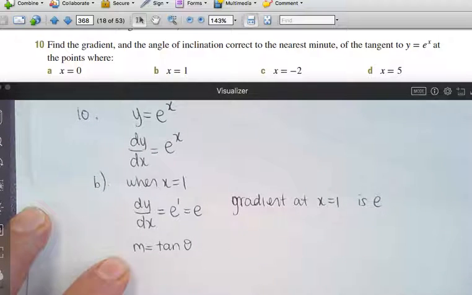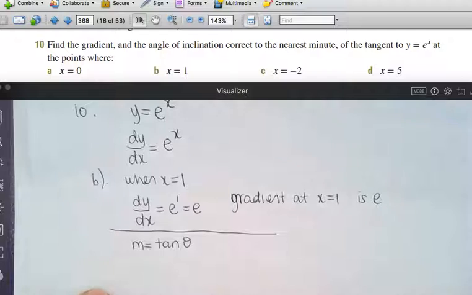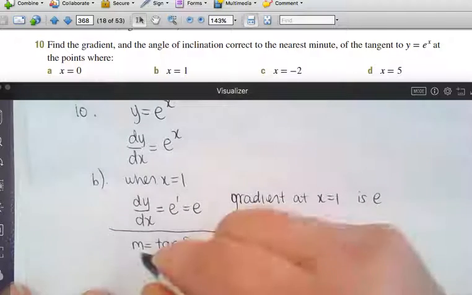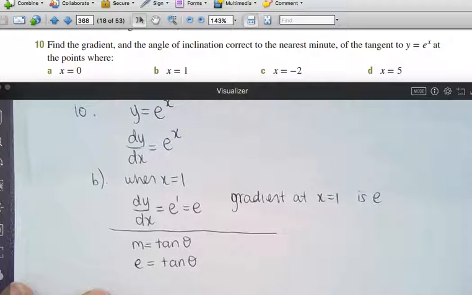Remember, e is just a number. It's almost 3. So for the angle of inclination, we use m is tan theta, where m is the gradient. So e equals tan theta. This is just like solving tan theta equals 2.7. Just think of e as 2.7.